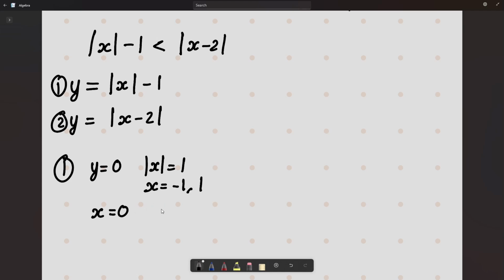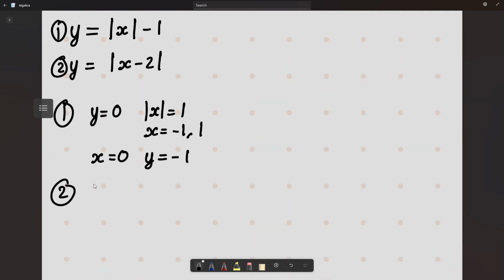If your x was 0, then your y is negative 1. For the second equation, if your y was 0, your x is going to be 2. And if your x is 0, then your y is just modulus of negative 2, which is just 2.